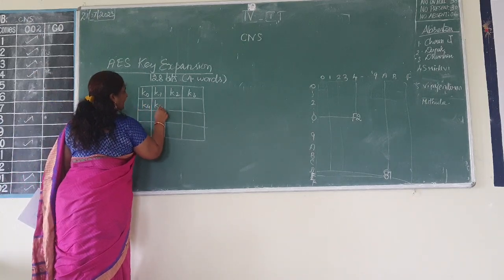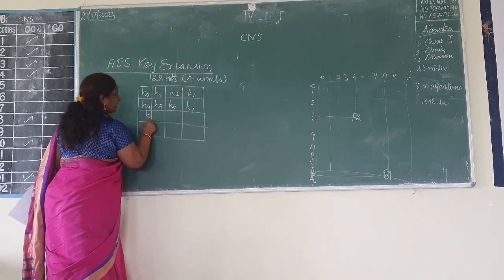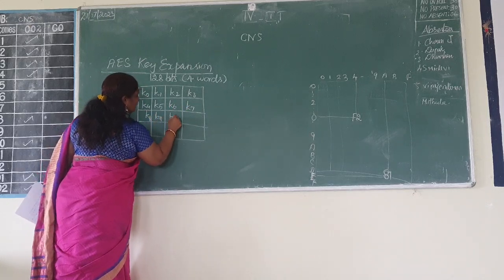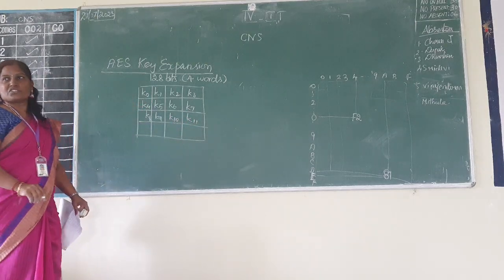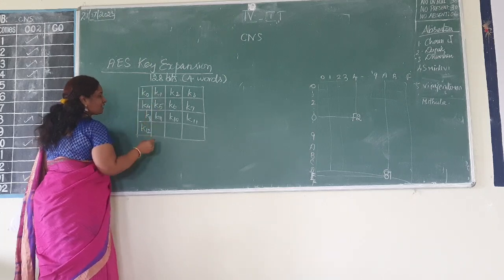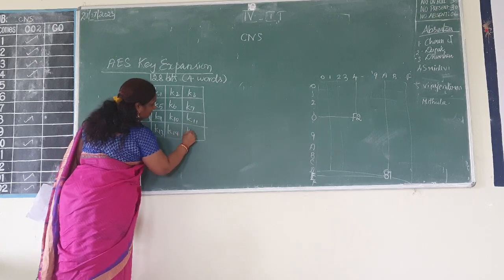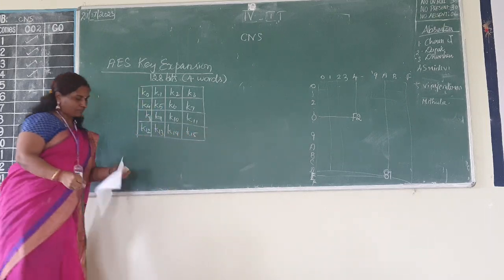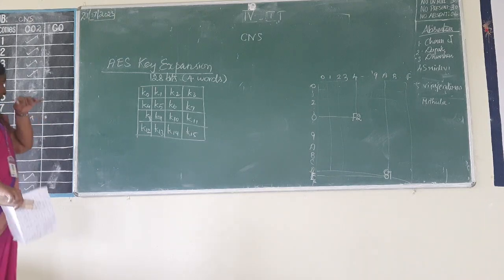K4, K5, K6, K7, K8, K9, K10, K11. What is the size of one particular cell alone? K13, K14, K15. Four words. Is it so?